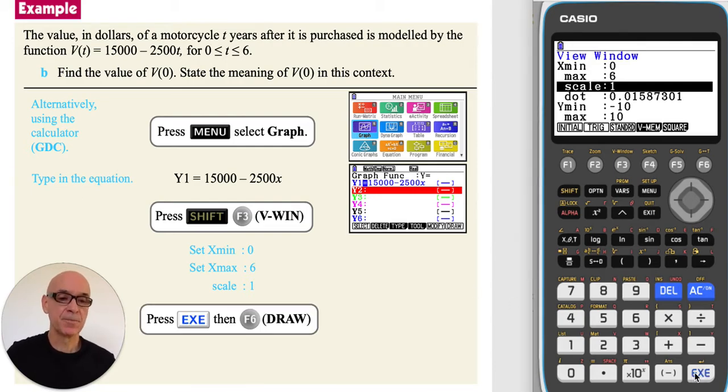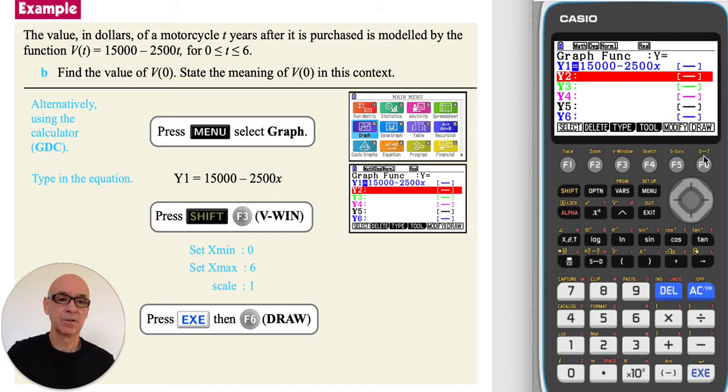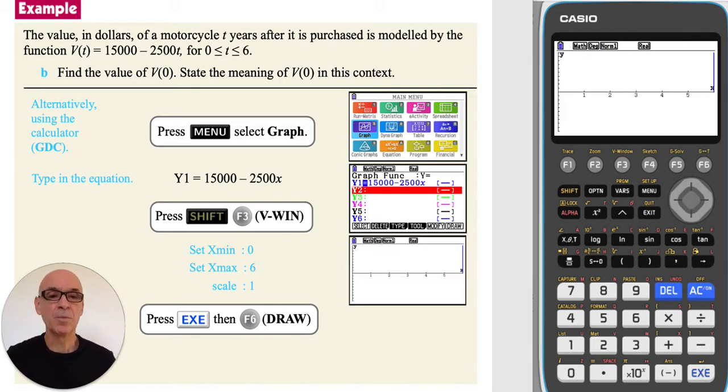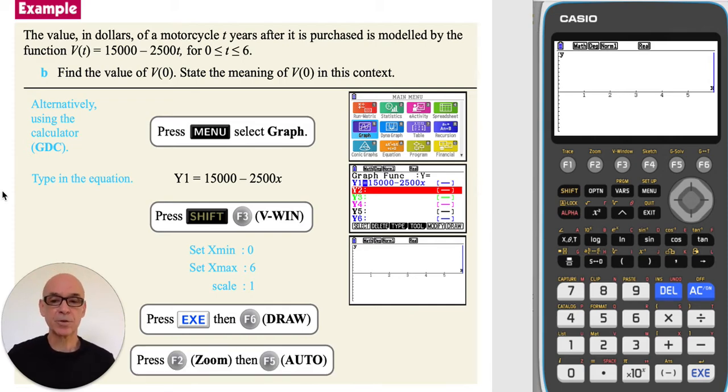Pressing execute and then F6 to draw the graph. At the moment the graph is not visible because we haven't set the Y scale yet. And we can do this automatically by pressing F2 for zoom, followed by F5 for auto.